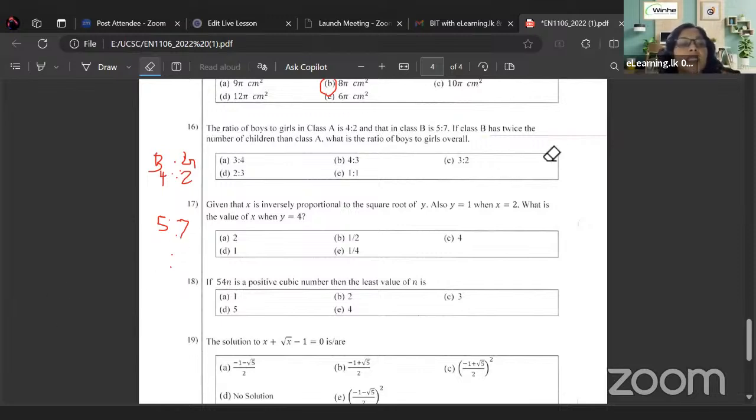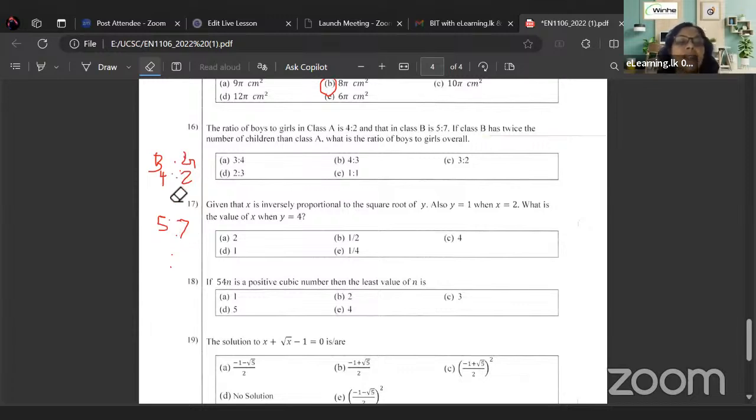Also here it says the total number of students is twice that of class A, then you can see that if you add 4 and 2, 6, 7 and 5 is 12, right?